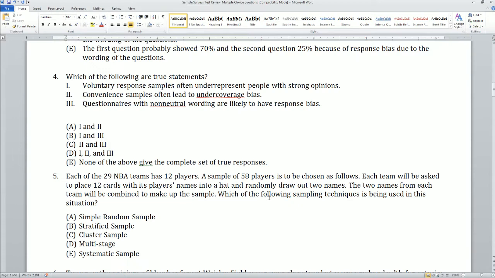Because question three, how it said the Constitution doesn't act in favor of some people. Good. So that non-neutral wording will provoke you to answer it in a certain way, correct? Yeah. Good. There you go.